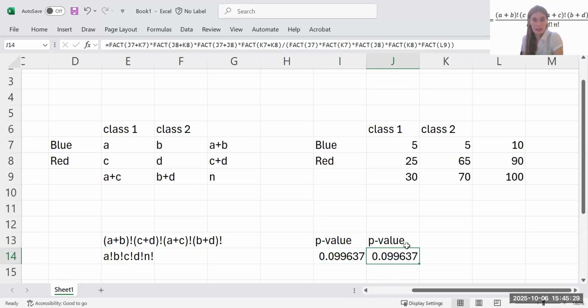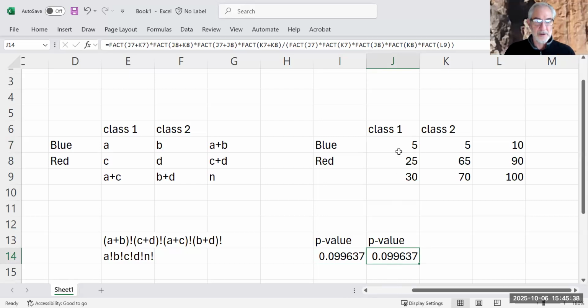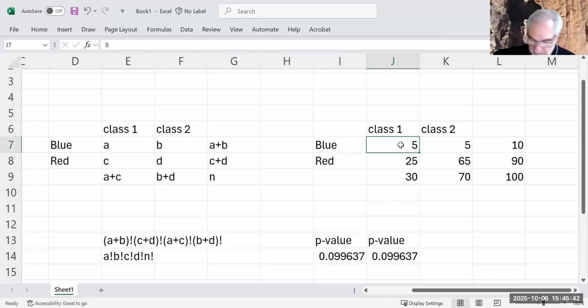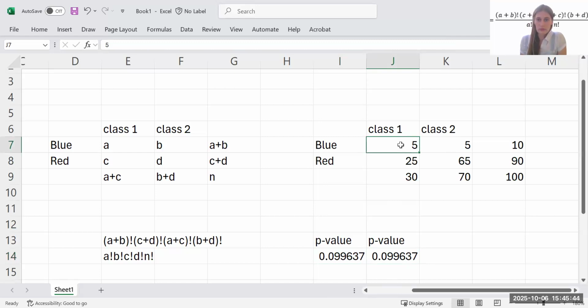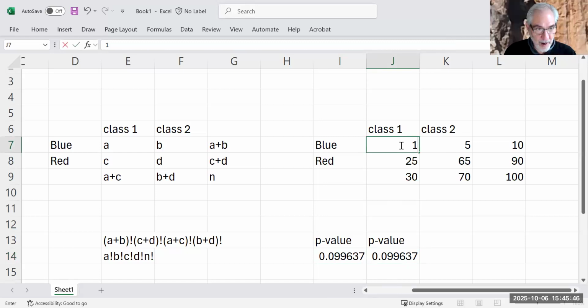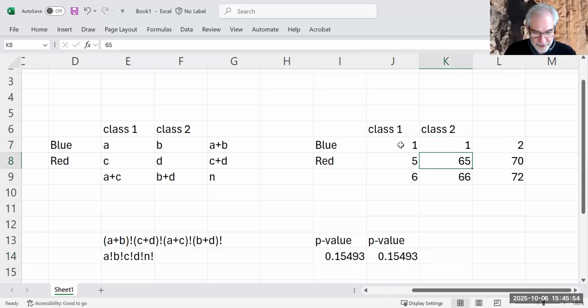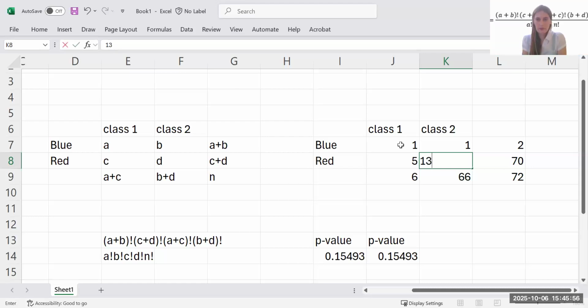We'll compare. If we change the numbers but keep the proportions, we will see if that p-value changes. I can divide each one of these by 5, right? That's really a small sample. So that's going to be a 1, that'll be a 5, this will be a 1, and this will be a 13, right? Yep, 13.